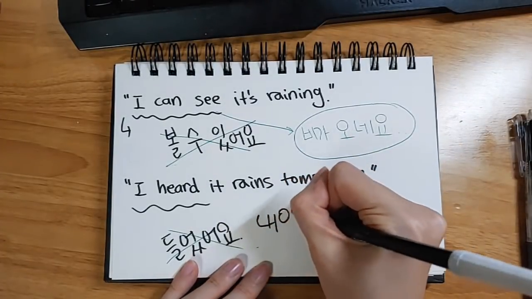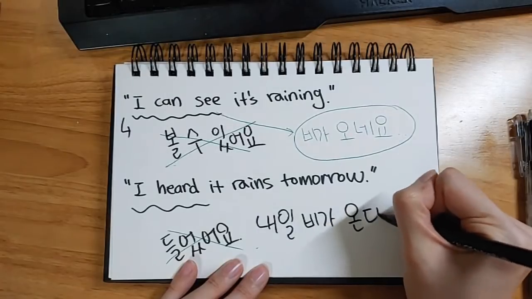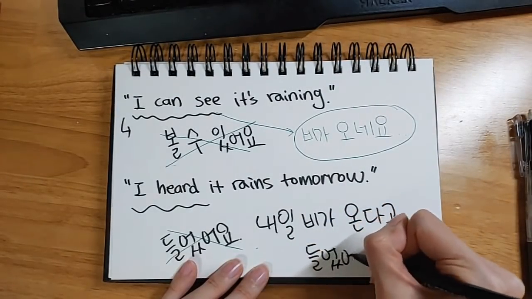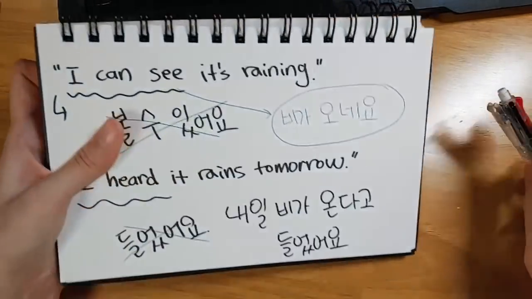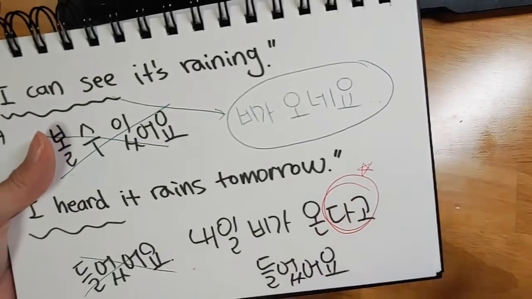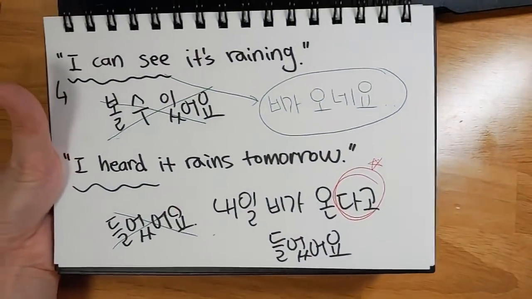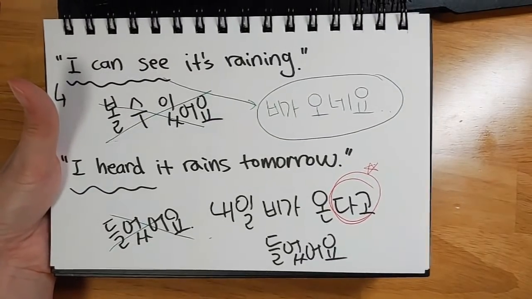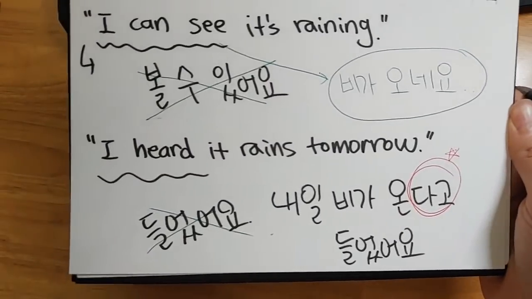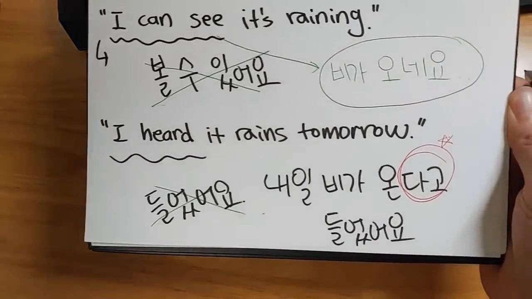And I heard it rains tomorrow as well. 내일 비가 온다고 들었어요. So 다고 here, guys, is a quotation suffix. This quotation expression we'll learn in another lesson, guys. As you can see, Korean grammar is really wide, right? There are so many things to cover. That's kind of difficult for me too, as a person who tries to explain this.